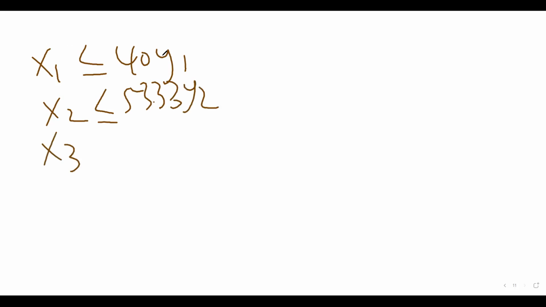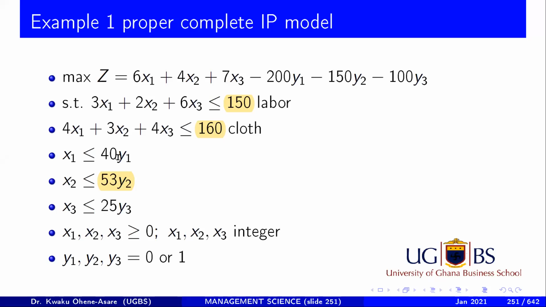Then X3 less or equal to 25 Y3. So you add this to the constraints that we had before. When you go to that constraint that we had before, let me just show you, you will see that they are all added together.